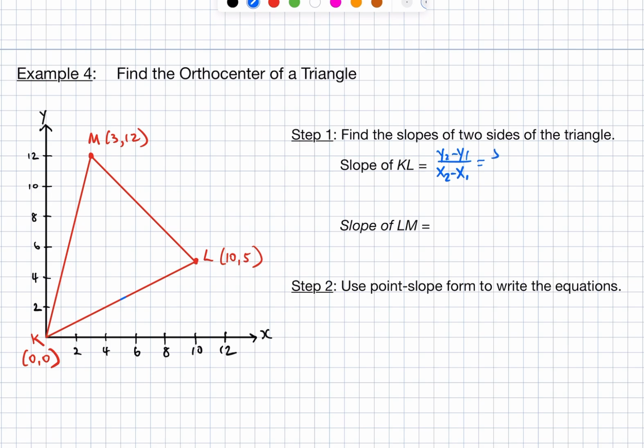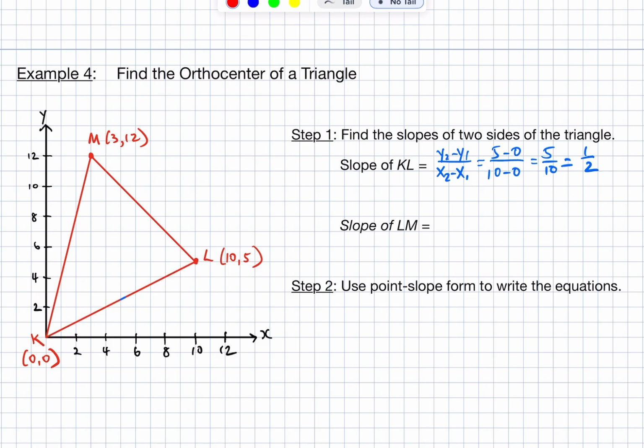So this is going to be 5 minus, what's y1? My y1 here is 0, so 5 minus 0, and then x2 is 10 and my x1 is 0, so that becomes 10 minus 0, and this works out to 5 over 10, or exactly 1/2 as our slope. Okay, so the slope of KL is 1/2.